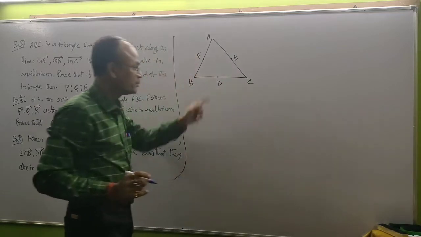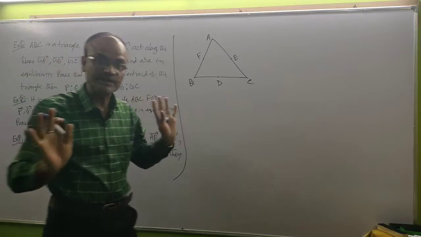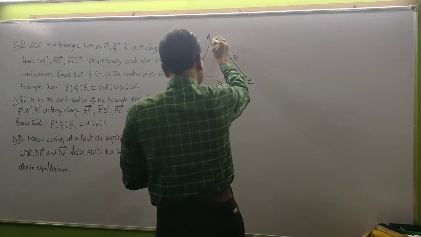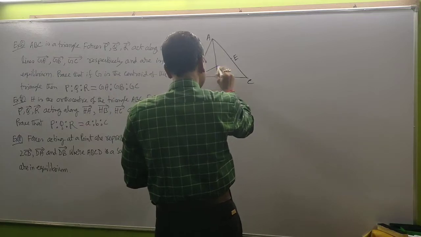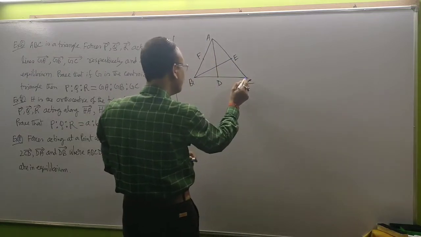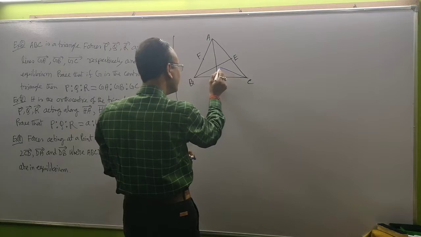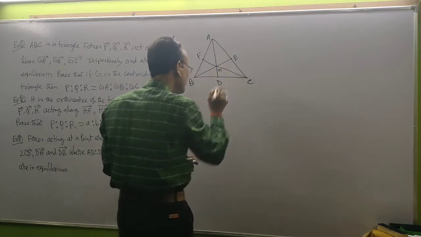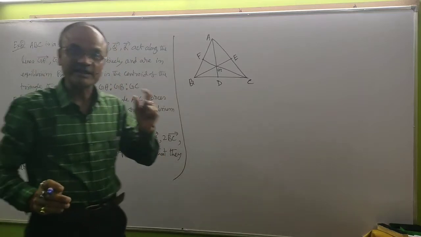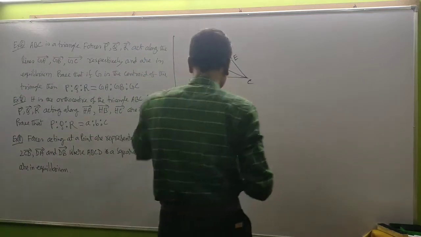Now join AD, BE and CF. They will definitely pass through this point, and this point is G, the center of gravity, the centroid of the triangle.